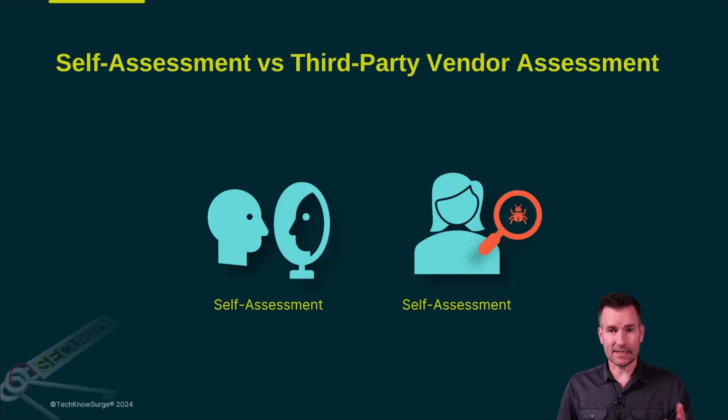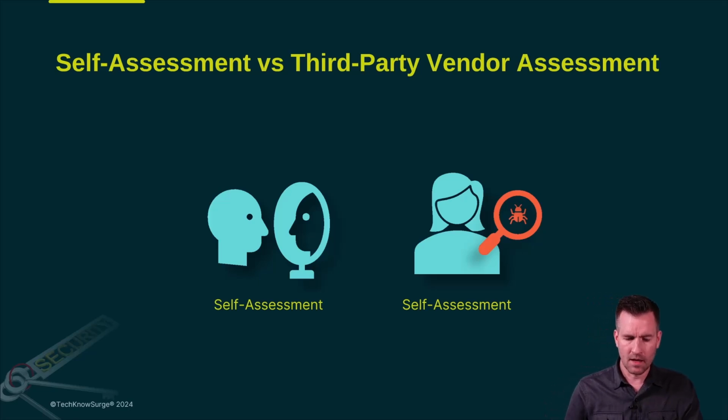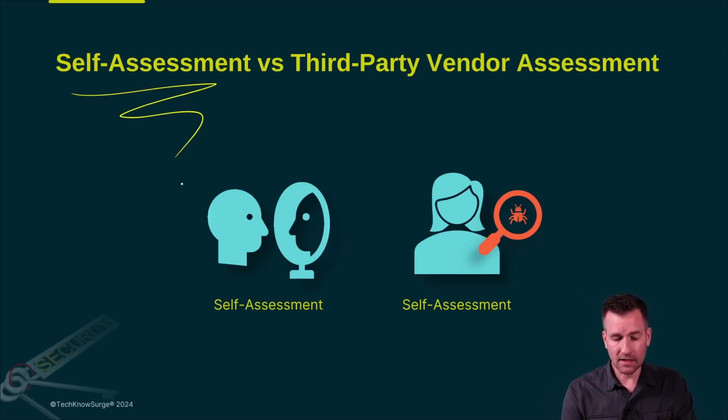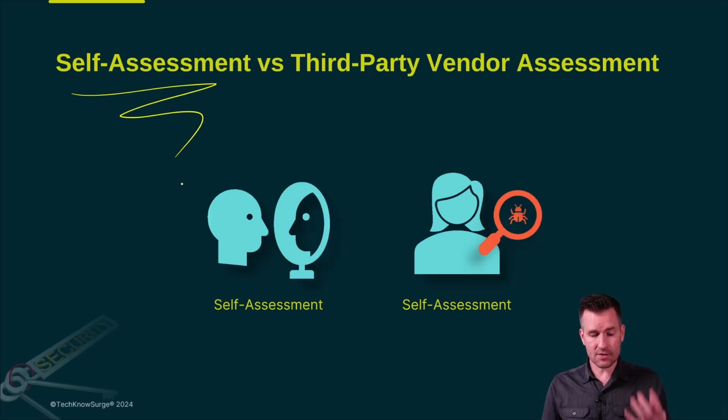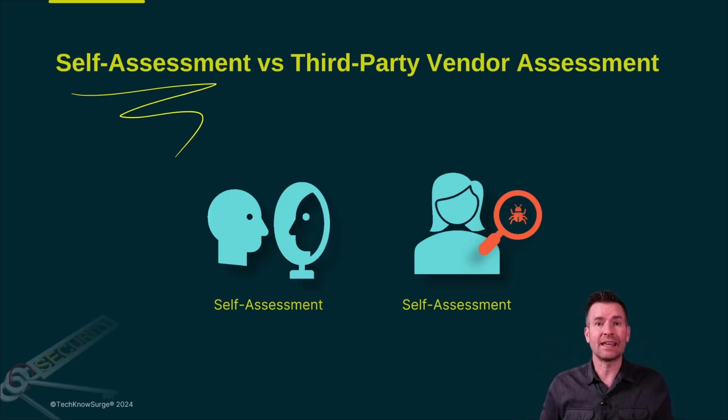So throughout the process, for instance, let's go back to our example of we are a software company developing this software. We're going to want to do a lot of self-assessment and make sure that things are secure and that our systems are not vulnerable. But the problem is we're the ones developing it, so we could have blinders on. Are we really looking at everything correctly? Are we experts in our field?